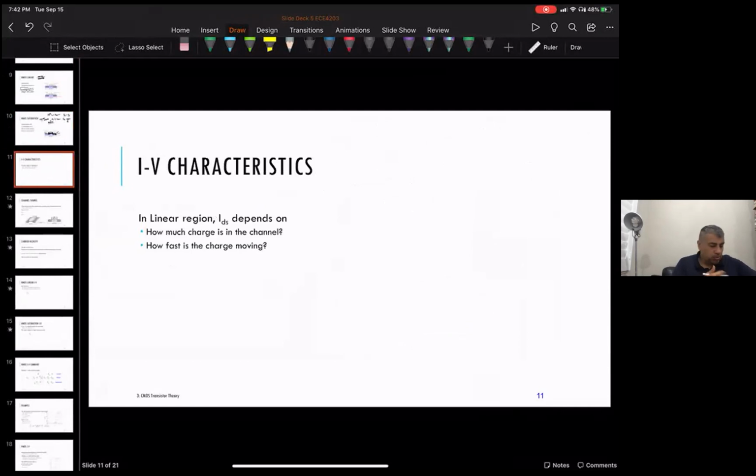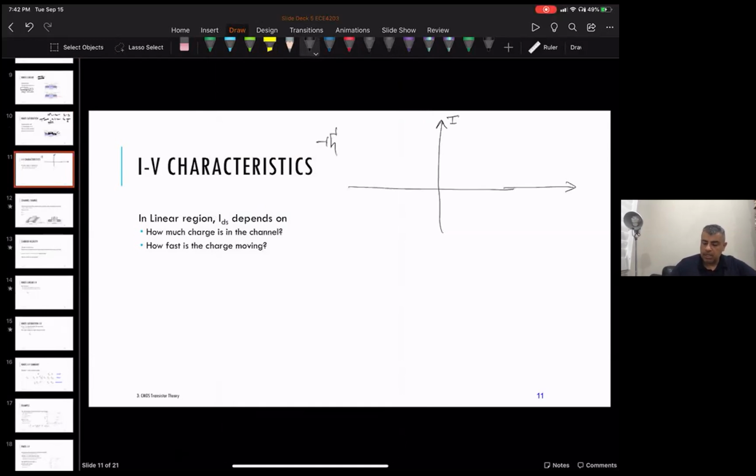Okay, so now let's look at what this means in terms of the IV characteristics. If you guys remember the IV characteristics of a transistor, I'm assuming you all had sort of a MOS physics class, but there's two current versus voltage characteristics because we have three terminals.